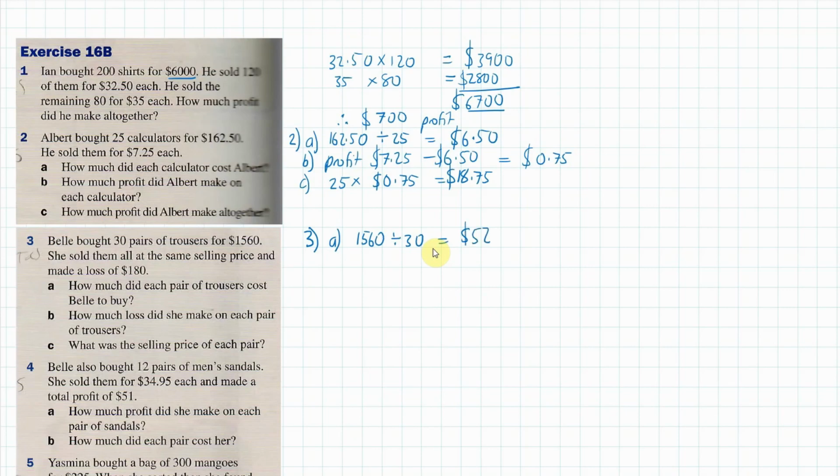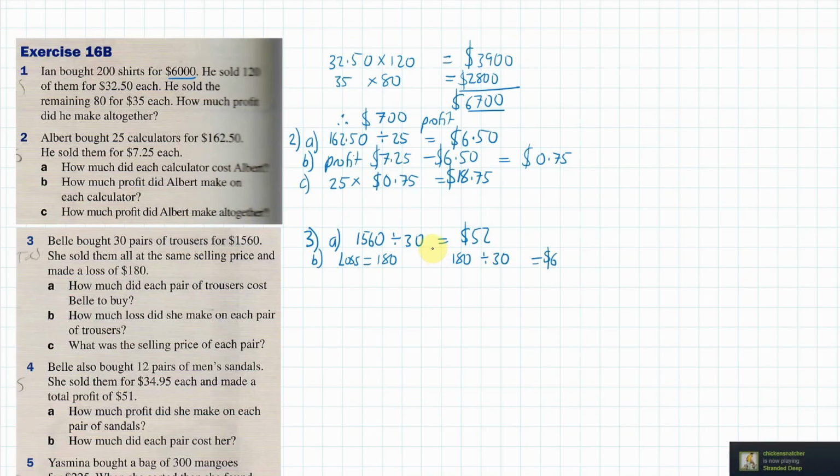$52. Now B, how much loss did she make on each pair of trousers? Well, all together the loss was 180, and therefore per pair of trousers we're just going to divide that loss among the 30 trousers, and it's $6 per pair of trousers.